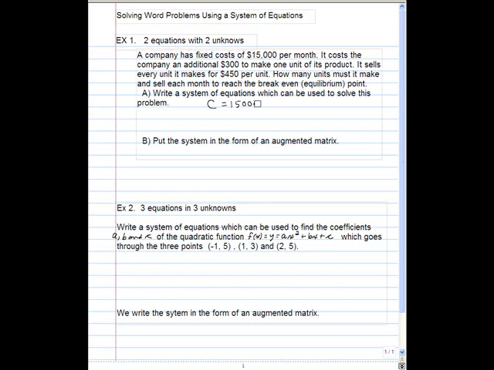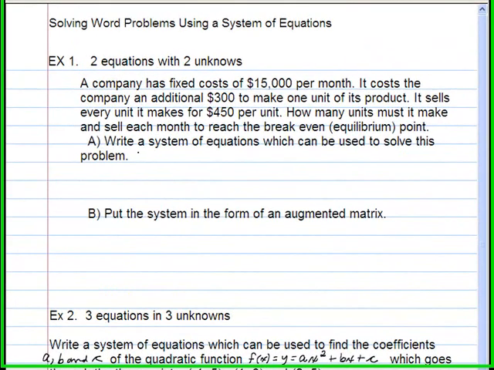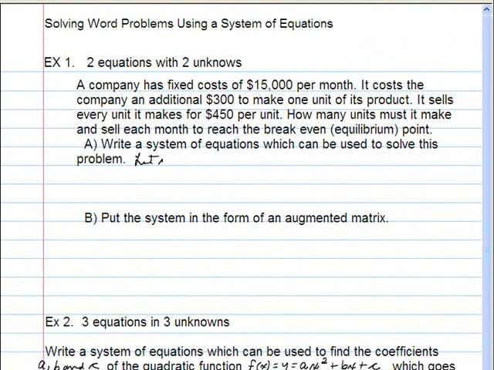So I think the first thing I'd actually do, even before I start the cost equation, is say, let X be the number of units made and sold each month. That's what they want us to find. That's what we're going to let X be. When we find X, we're through.